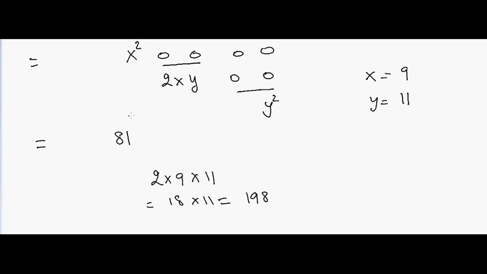So we'll have 198, and then we have y square. 11 square is 121, so 21 and 1 here, right? So in that case the answer would be equal to 899921. So that's your answer.